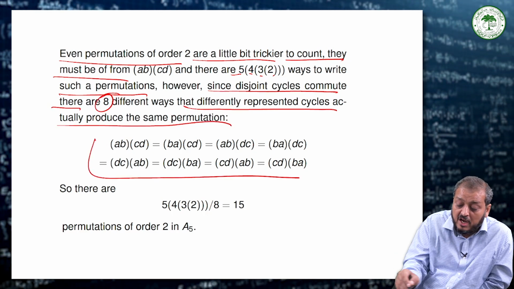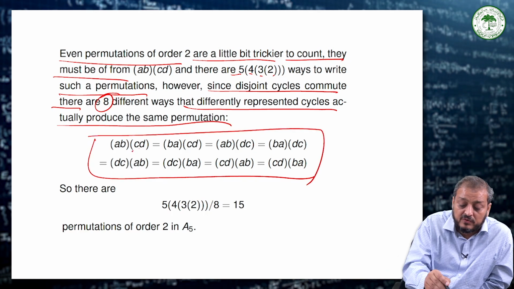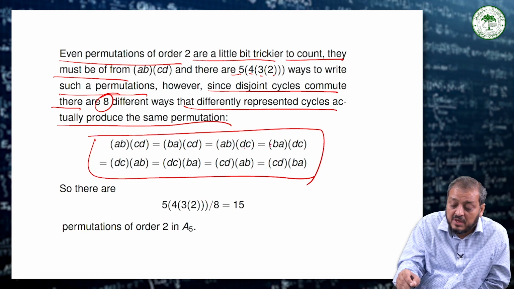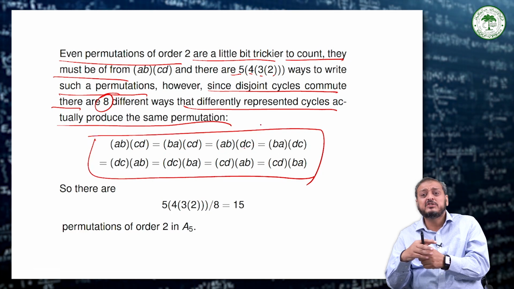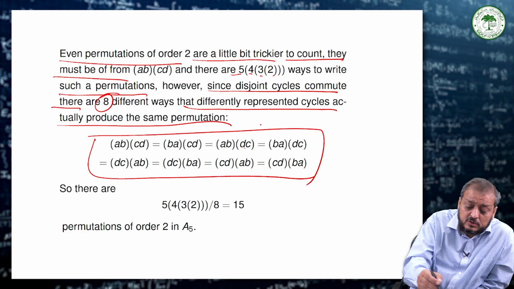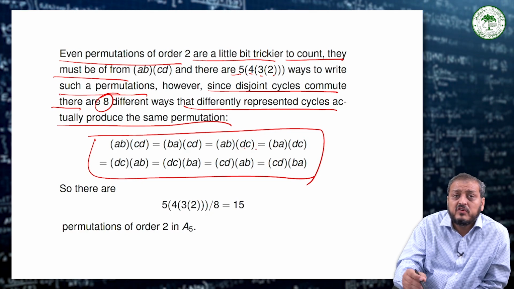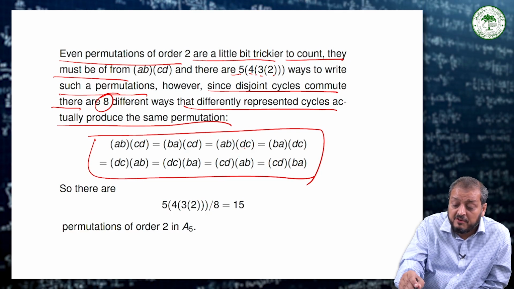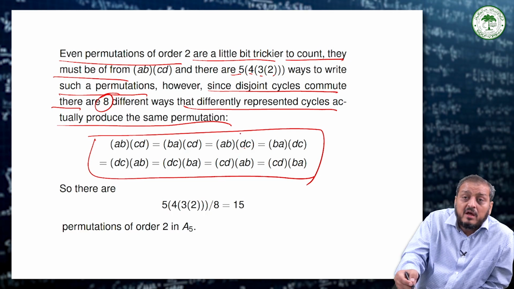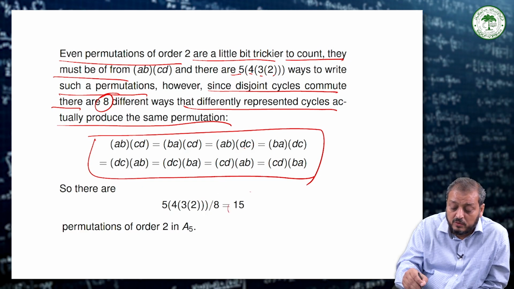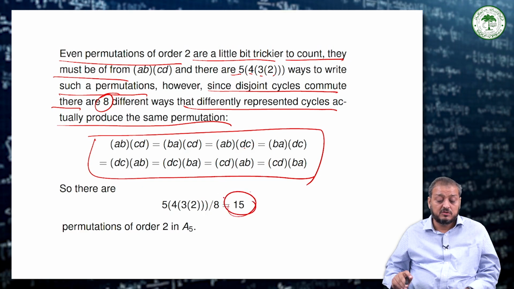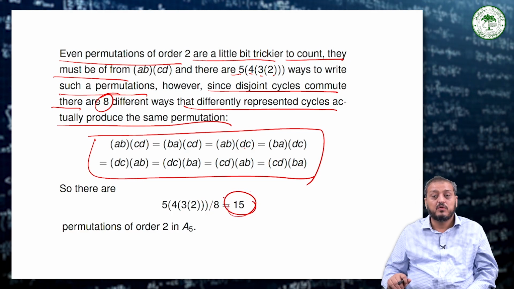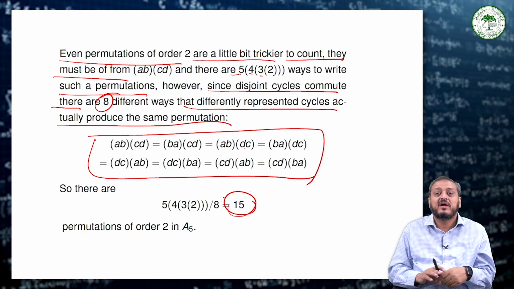These are (A B)(C D), (B A)(C D), (A B)(D C), (C D)(A B), and so on. So we have 5, 4, 3, 2 divided by 8, which equals 15. So the number of elements of order 2 in A5 is 15.